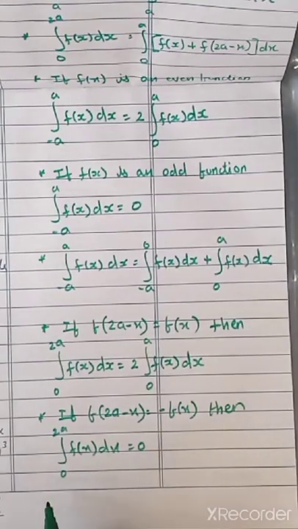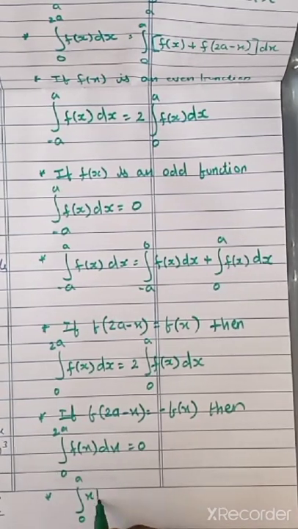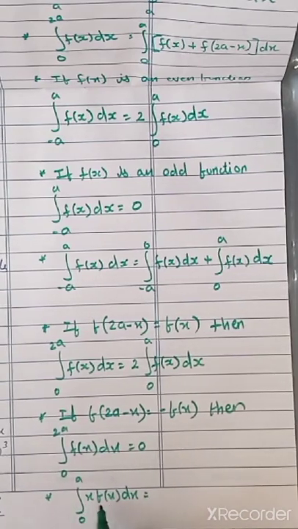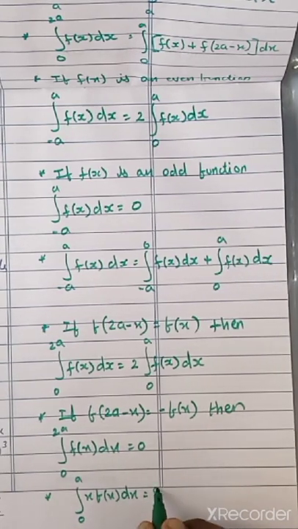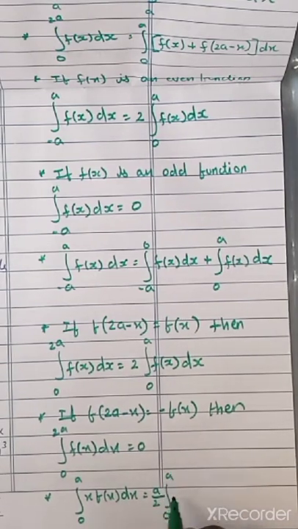Next one: integral 0 to a x into f of x dx. X into f of x is a product function, right? X is one function, f of x one function. So product rule we can use. That is, 0 to a x into f of x dx can be taken as a by 2 integral 0 to a f of x dx.